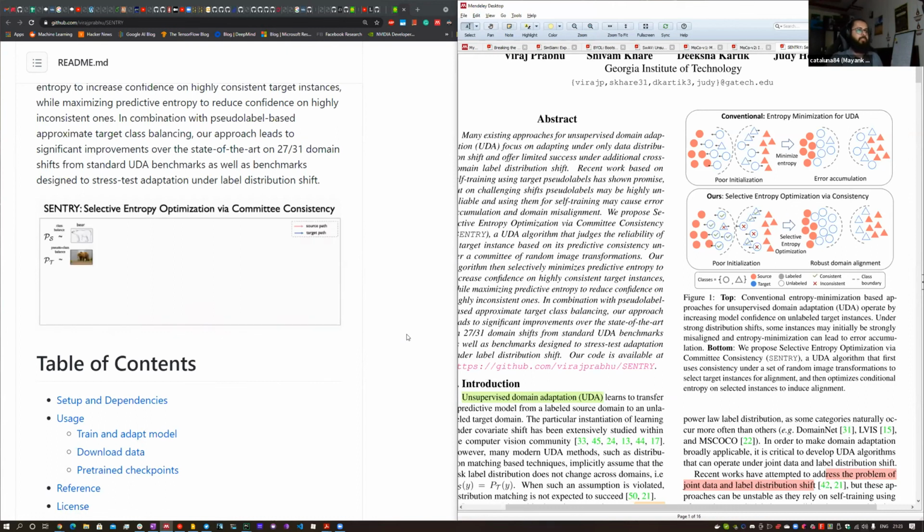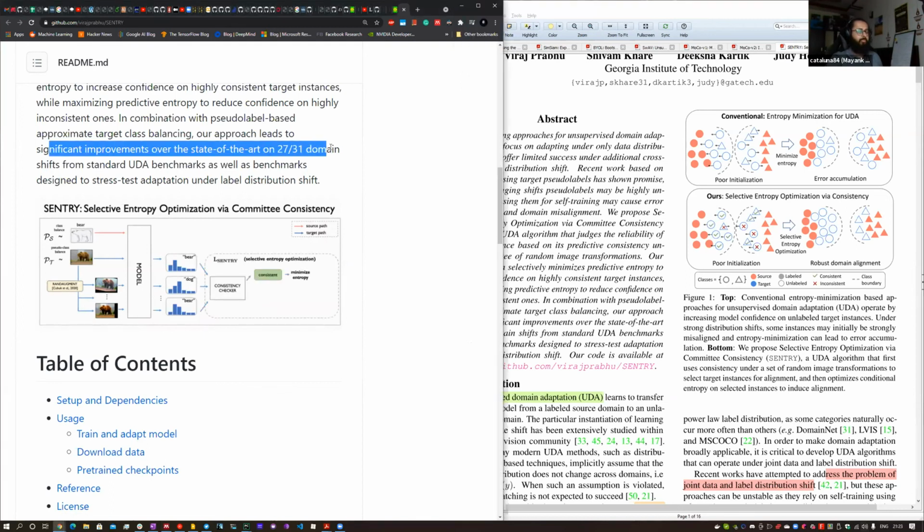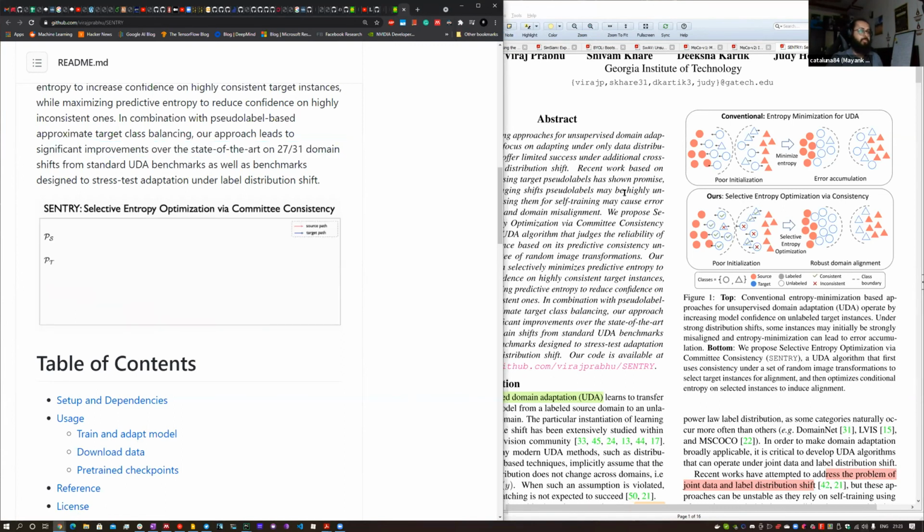It had significant improvement, and it reached the state of the art in 27 out of 31 domain shifts from these UDA benchmarks with respect to the label distribution shift.